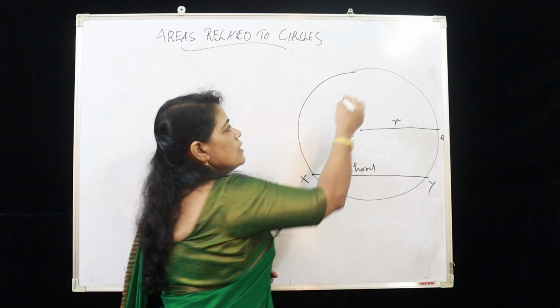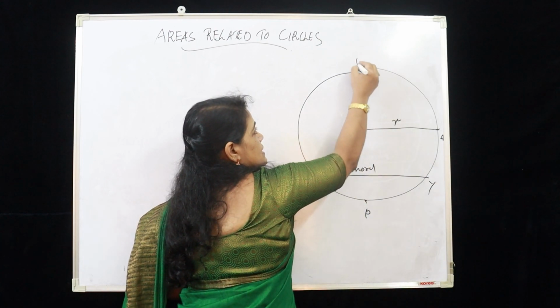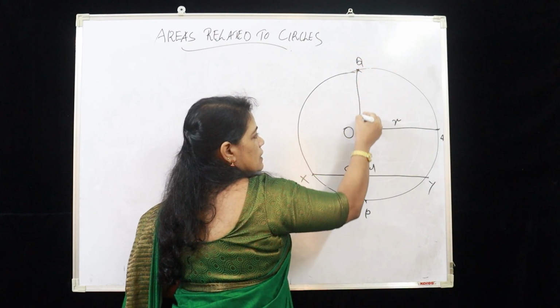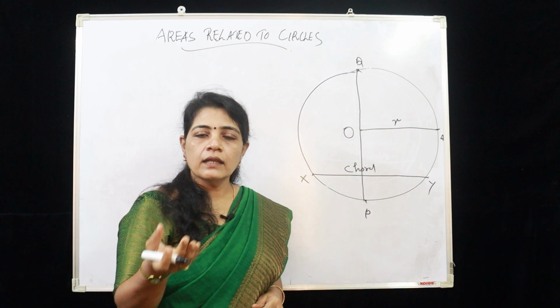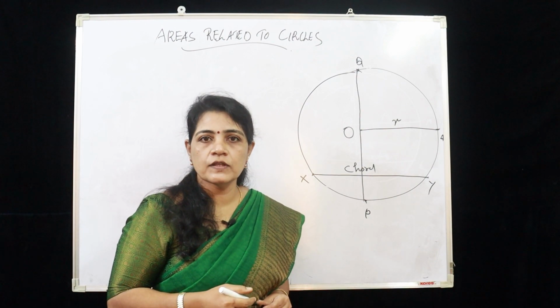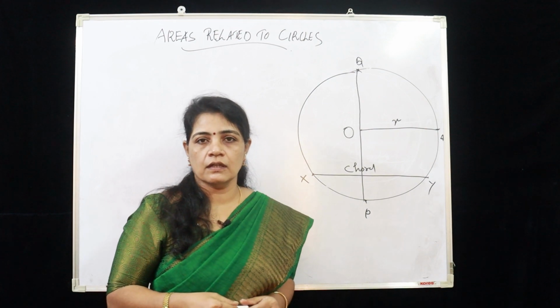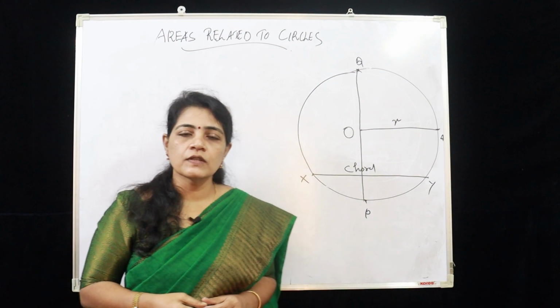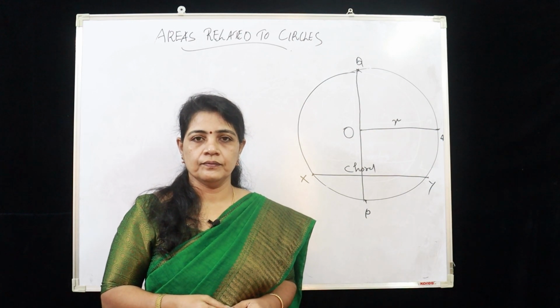If that line segment is passing through the center of the circle, here PQ I marked on the circle, definitely that PQ is a chord, but this is a chord passing through the center of the circle. So this chord is what we call the diameter of the circle, and the diameter of the circle is the longest chord of a circle.